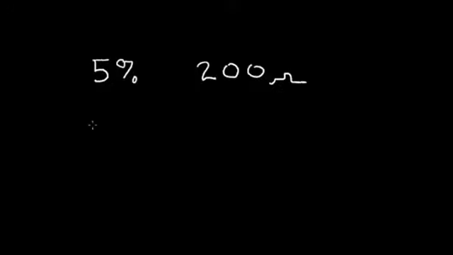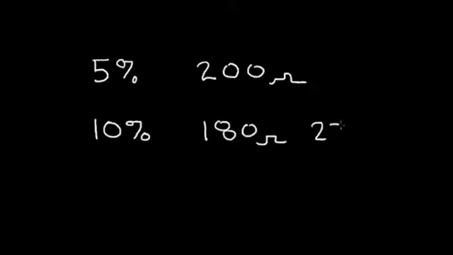But perhaps I want to go with a 10% resistor, a little looser tolerance, and save perhaps a little money. But the standard values for a 10% resistor are 180 ohms and 220 ohms. So I don't get the 200 ohm resistor, but maybe it'll still work.